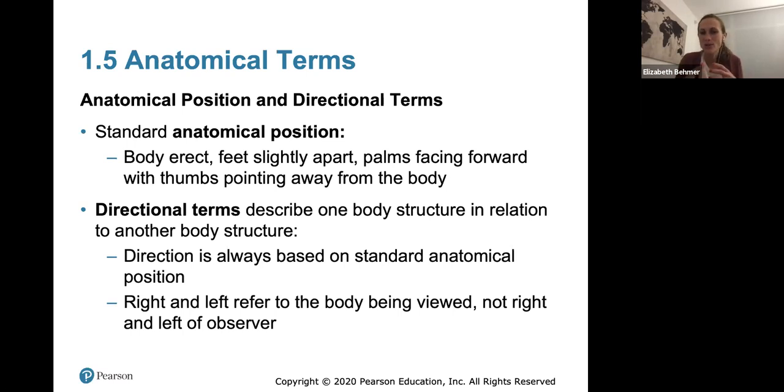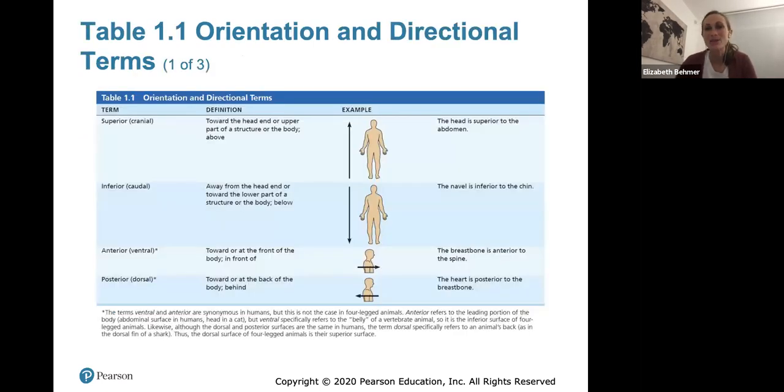The direction is always based on standard anatomical position and the person in anatomical position, their right and left side. The right and left refer to the body being viewed, not the right and left side that you are looking at. So think of it as a patient lying in a hospital bed, and it's the patient's right and left side.